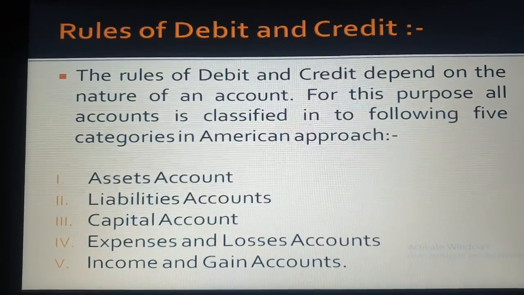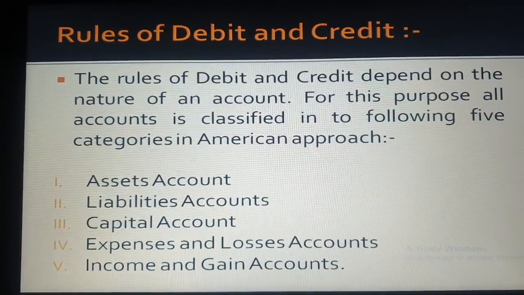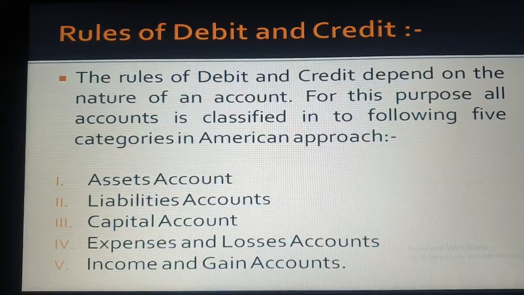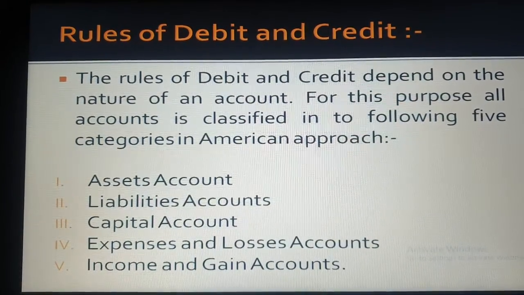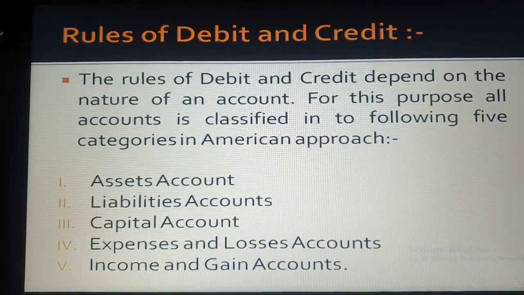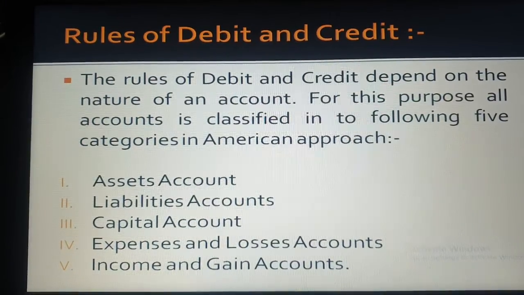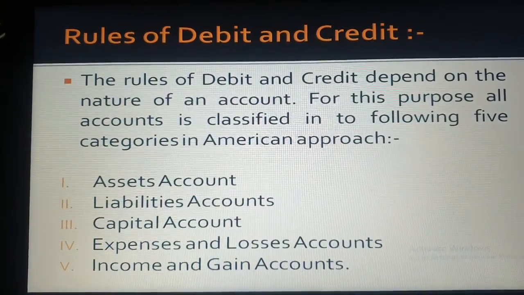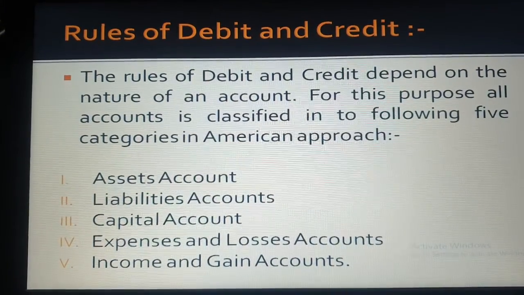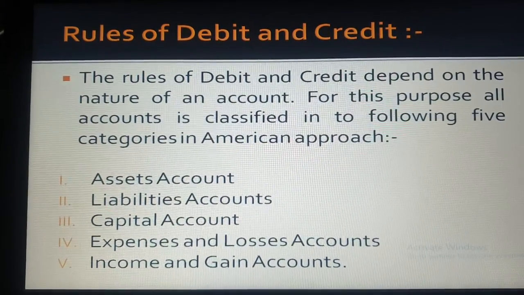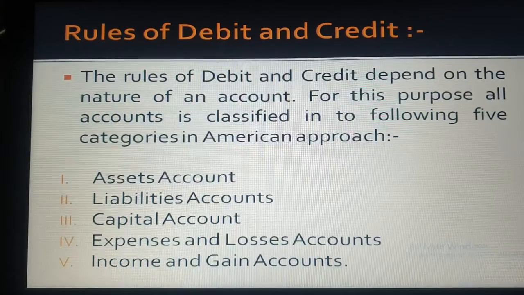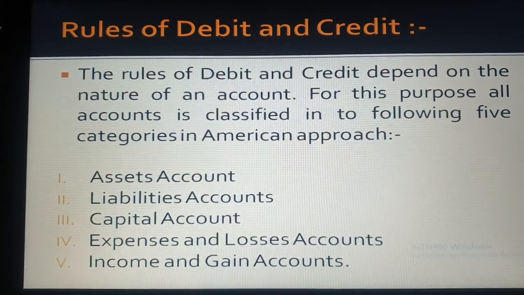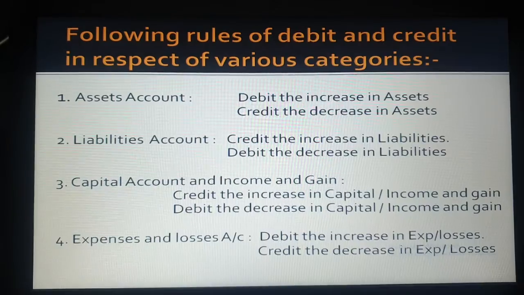Asset account, liabilities account, capital account, expenses and losses account, and income and gain account. So these are the 5 categories into which all accounts are to be classified. And what are the rules of debit and credit in these accounts, that we'll discuss in the next slide.